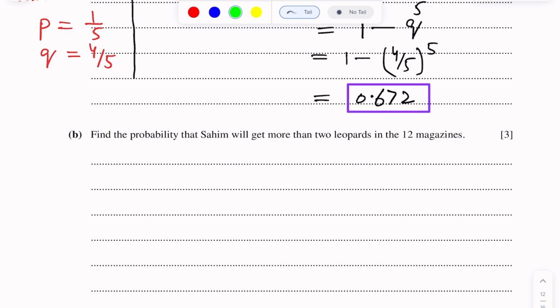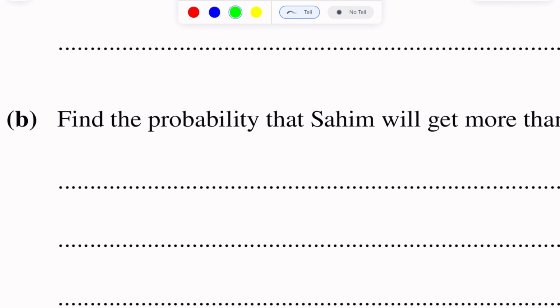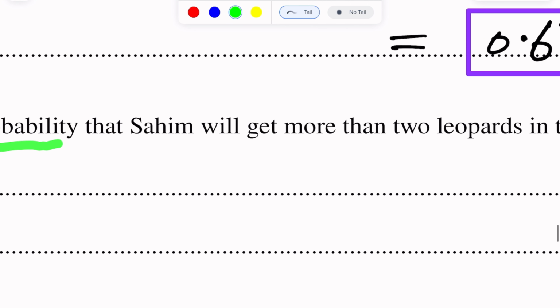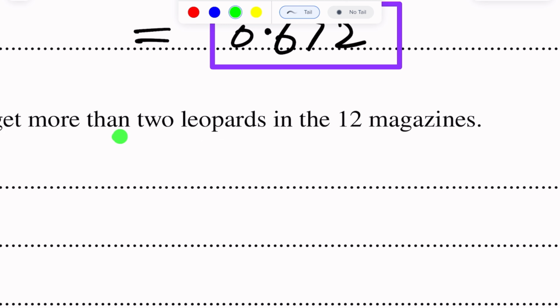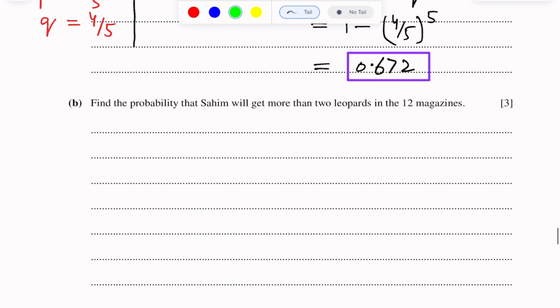Next part B of this question. Find the probability that Sahim will get more than two leopards in the 12 magazines. Now this part of the question is of binomial distribution because a fixed number of trials are given, more than two in the 12 magazines.